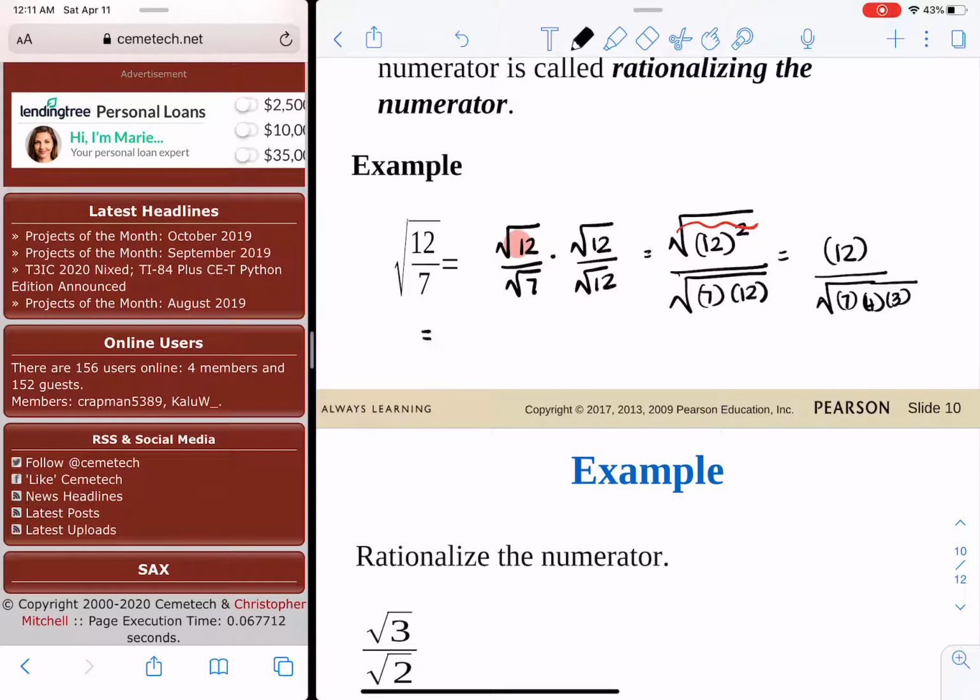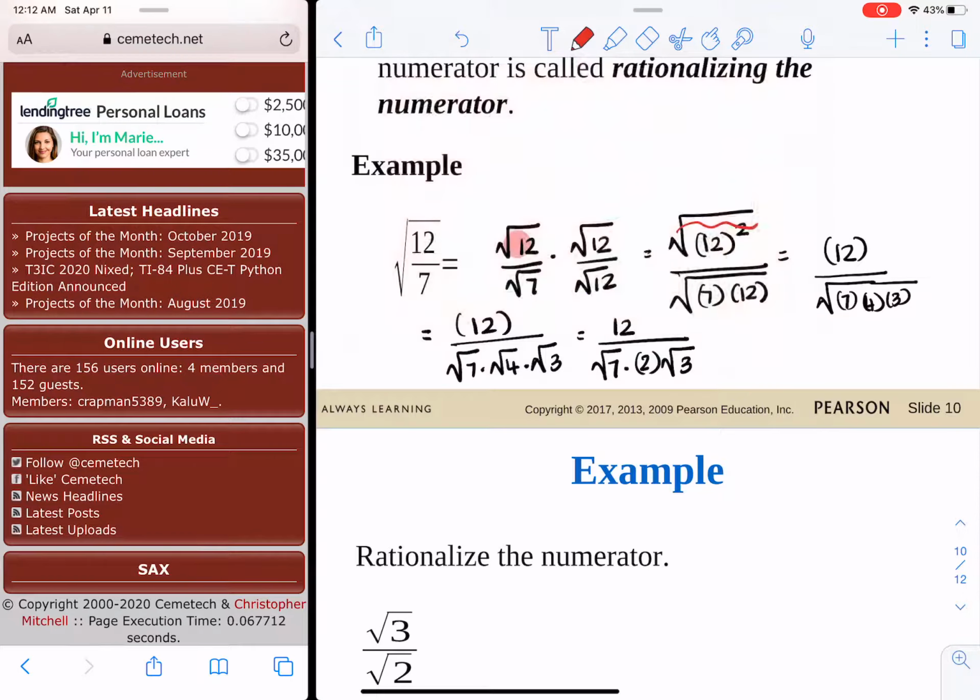Which would equal 12 divided by square root of 7 times square root of 4 times square root of 3, which is 12 divided by square root of 7, square root of 4 is 2, times square root of 3.